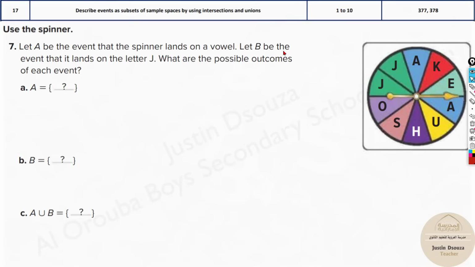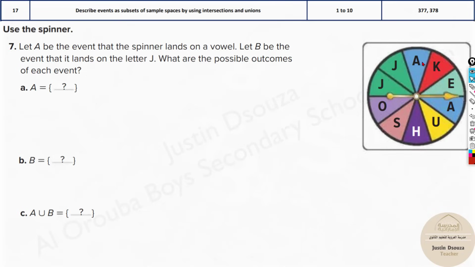Let B be the event that lands on the letter. If you see THE before a vowel, you pronounce it differently, whereas before a consonant, which is anything other than vowels, you pronounce it the other way. So the pronunciation changes. There are various other things, but the basic thing is a, an and the.